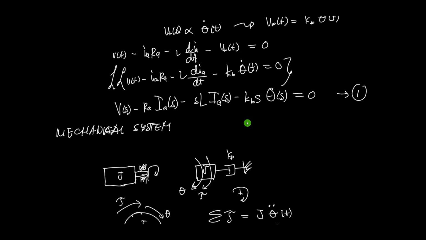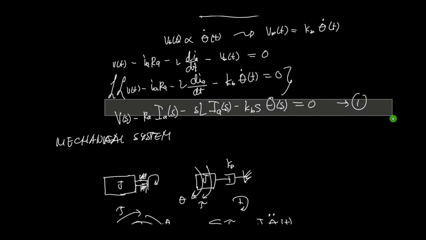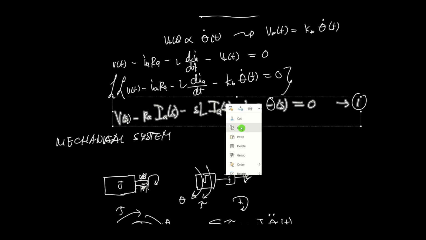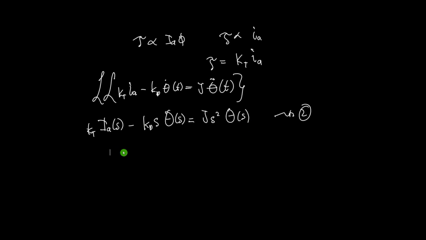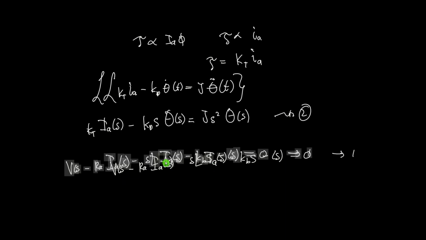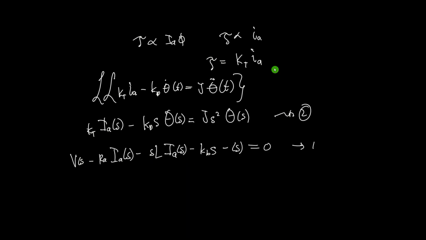Then I can just copy our equation 1 here. We need to retain V and also theta. Other variables here should be removed, just like I_a.